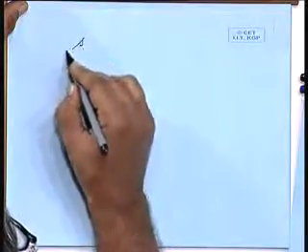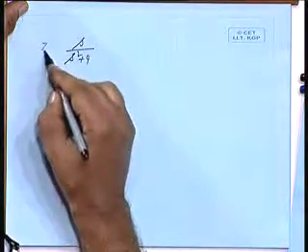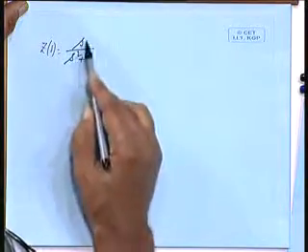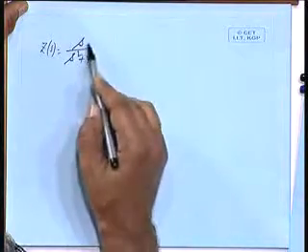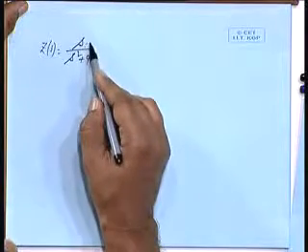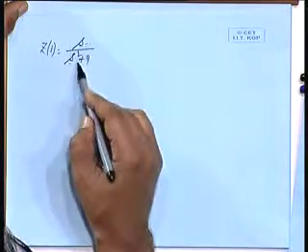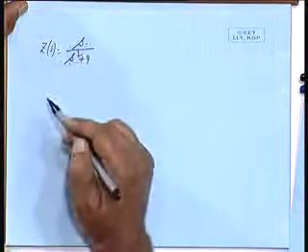For example, I can have a function S by S squared plus 9. Suppose Zs is this. So in the numerator polynomial, you are having S, the s to the power 0 term is missing; in the denominator, the s to the power 1 term is missing. Will it be a positive real function?